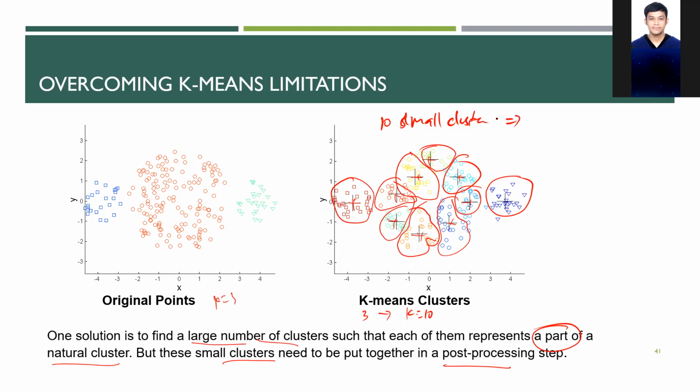We can imagine that we have 10 data points. Then we cluster these data points into only 3 clusters. So the result may be like this: 1, 2, 3. Okay.